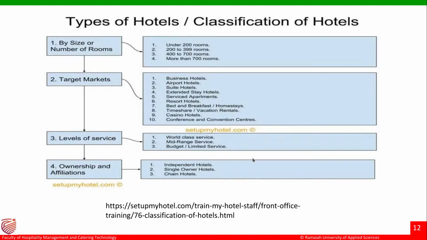Now, when we talk about timeshare or vacation rentals, we can say that Holiday Inn was the first company to start with this concept, and in India, it's like Club Mahindra having this concept, where the owner has the property, but he owns it for a limited time.